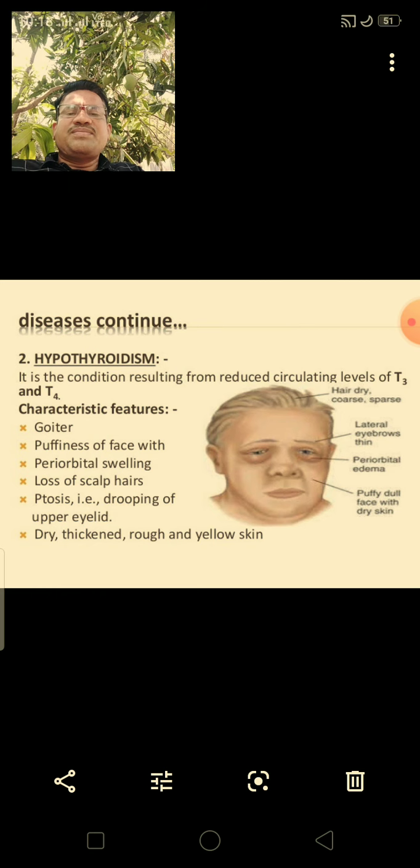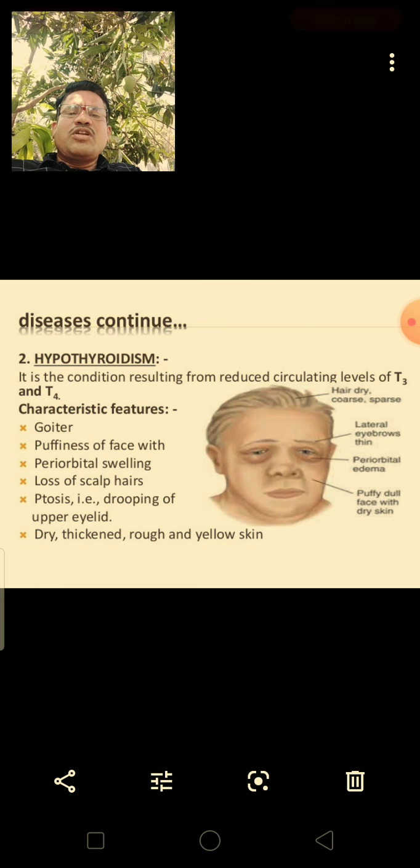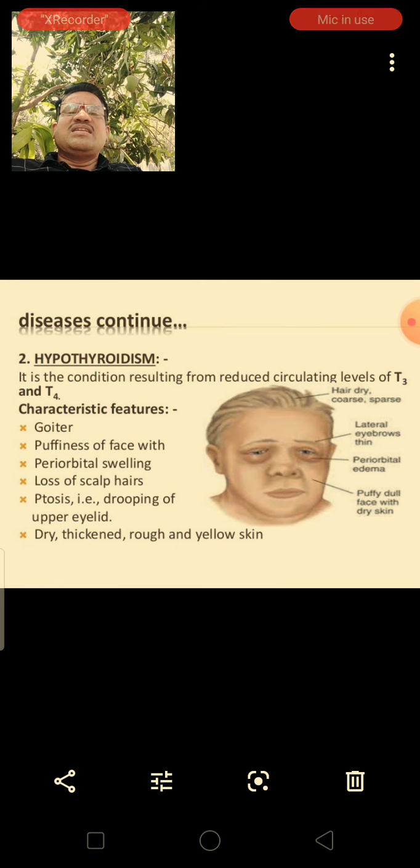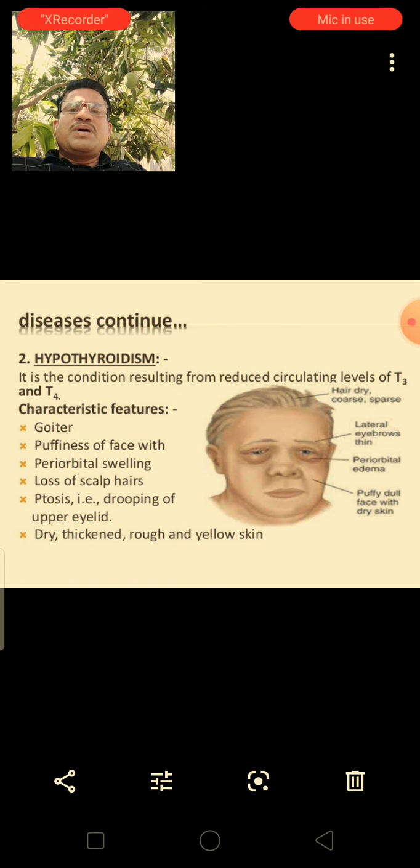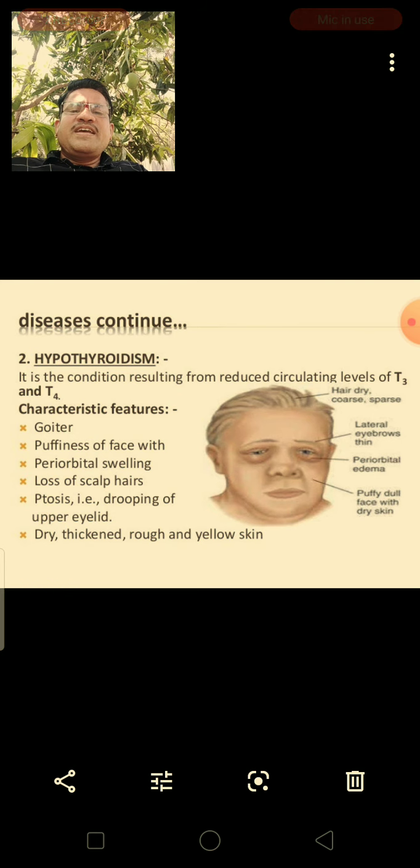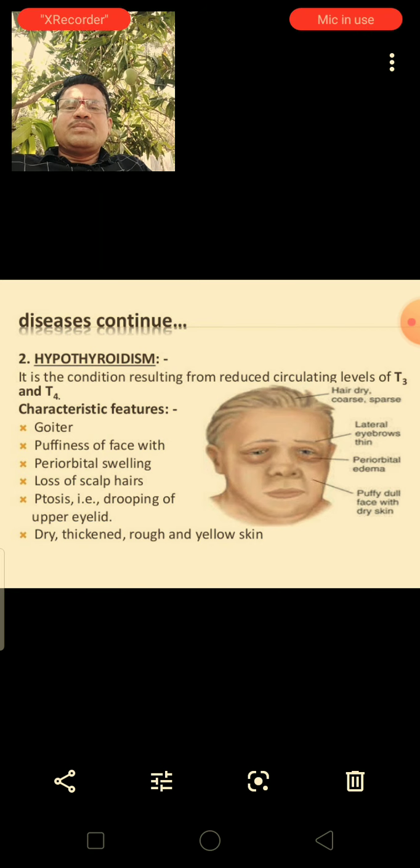Next, loss of scalp hair, ptosis, that is a drooping of the upper eyelid, and dry, thickened, rough and yellow skin. These are the characters.